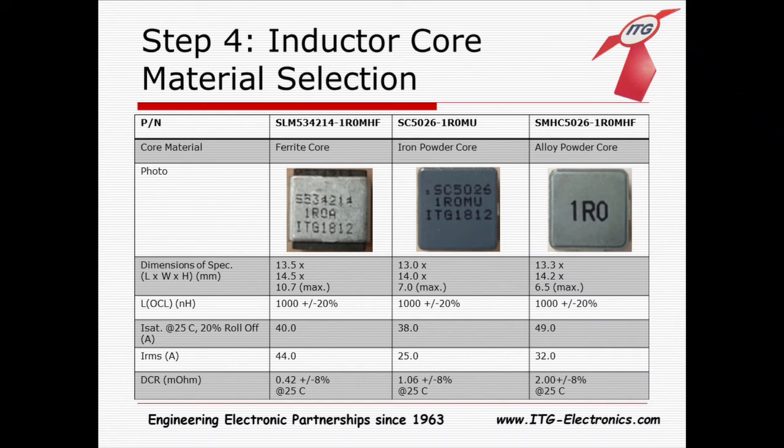But that's less of an issue for the powder cores because they have what's called soft saturation. So instead of inductance dropping off very sharply at that saturation point, it just gradually rolls off.